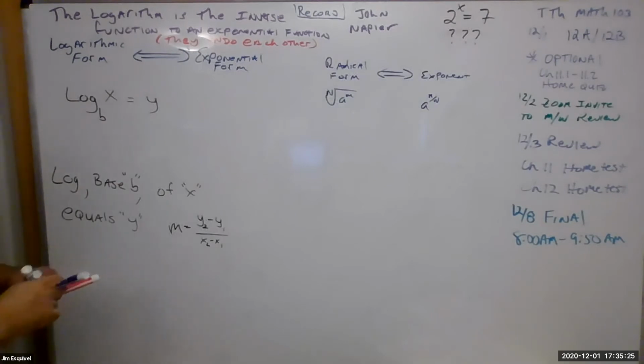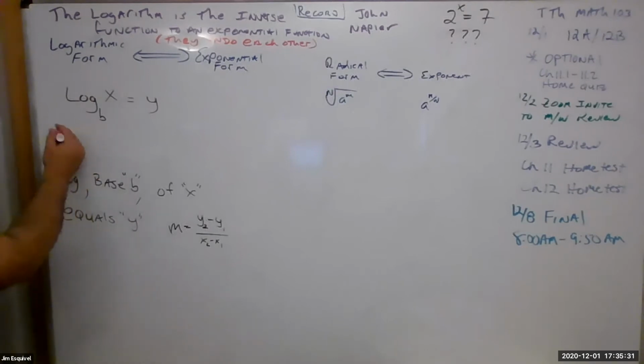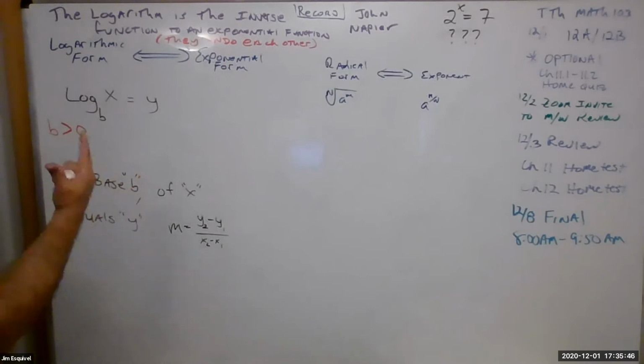Now there are some restrictions. Logarithms do have restrictions. The base B has to be greater than 0. It has to be a positive number, so it cannot be negative and it cannot be 0.